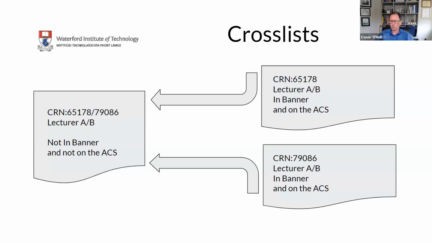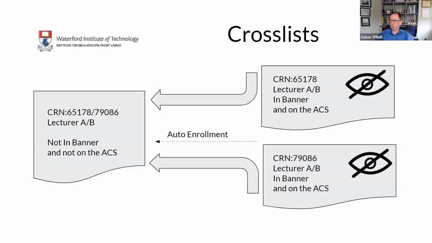Now, the good thing about cross lists, and why we're delighted to do a cross list, is because the enrollments are automatic. So we can just create a link from the individual modules to the cross list, so we never ever miss a student. No students are ever disadvantaged by not seeing the module because there's an automatic link between the individual CRNs and the cross list.